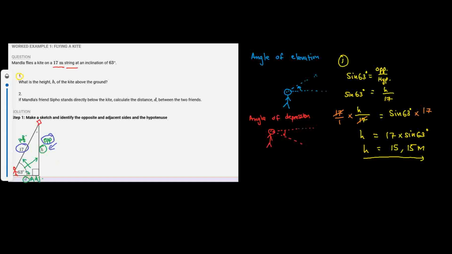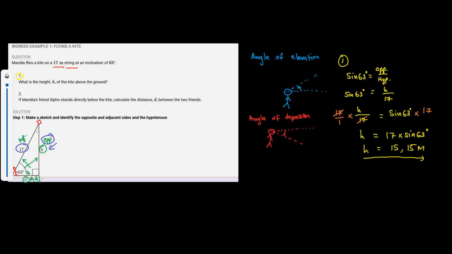You could say that d squared is equal to 17 squared minus 15.15 all squared. That's the theorem of Pythagoras, which is fine, but in maths, I always like to use what is given. The reason being is, let's say a learner mistakes are common because we are only human, and sometimes we make mistakes in our calculations, or maybe we miss something in our calculator.